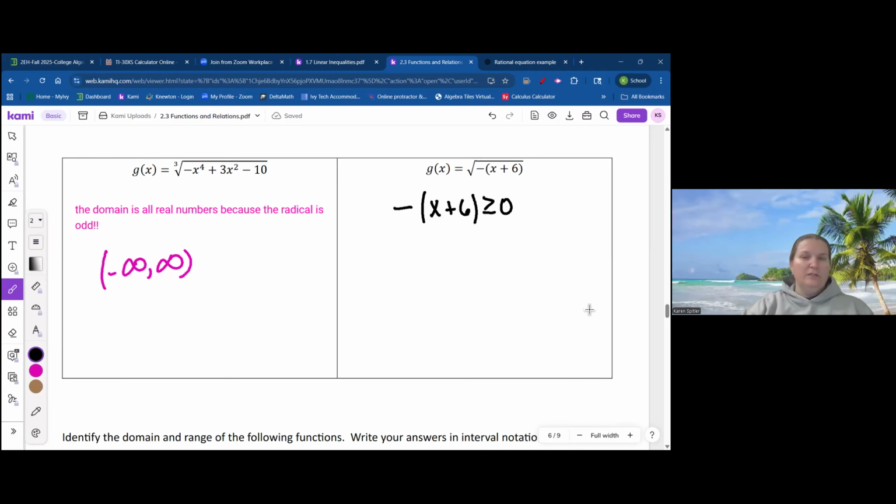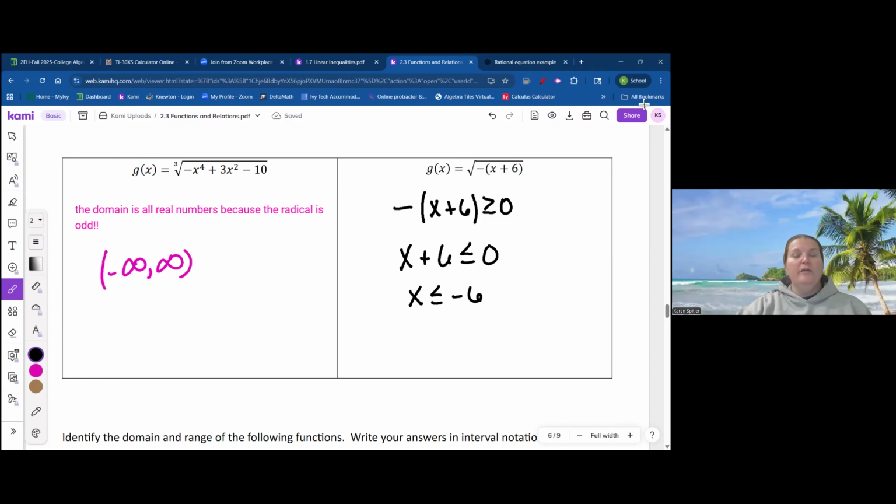Would anyone like more time on that one? The black one? No, that is incorrect. You're dividing by -1, so you have to flip the sign. So it's less than or equal to 0, and then subtract 6, so it's less than or equal to -6.